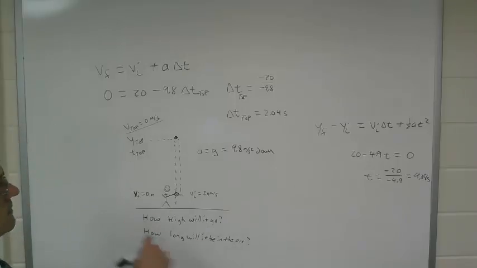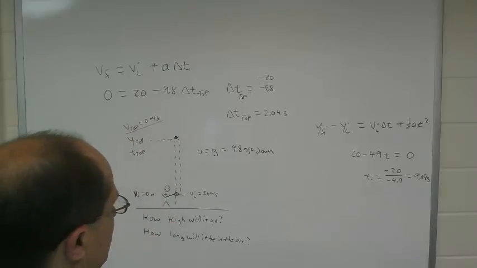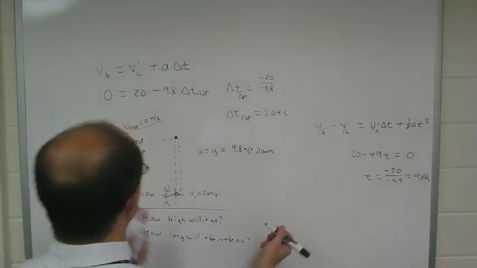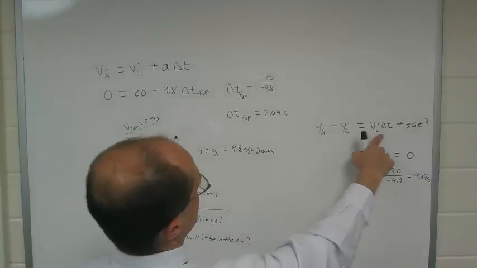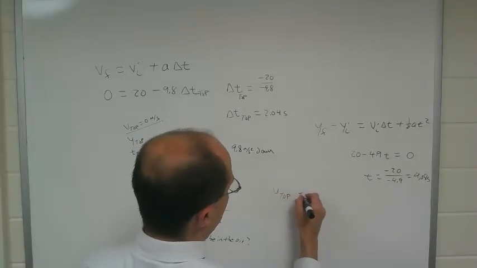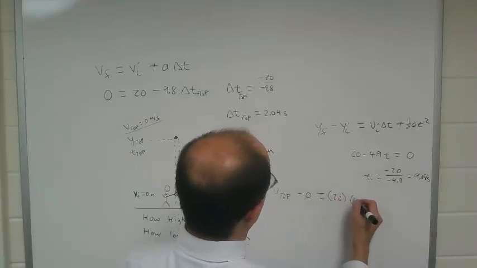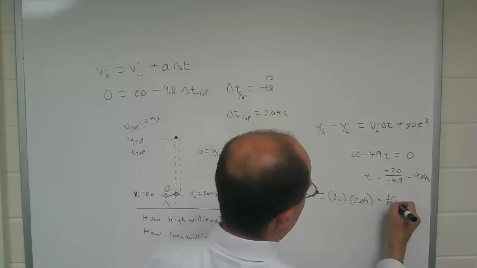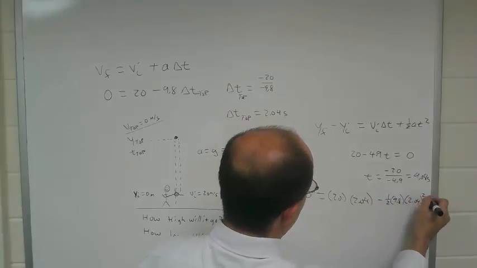So this is just another example. And we still need to get how high to the top. And we can get that with this equation, because we have the t, so we know that y top minus 0 is equal to 20 times our 2.04 minus 1/2 of 9.8 times 2.04 squared.